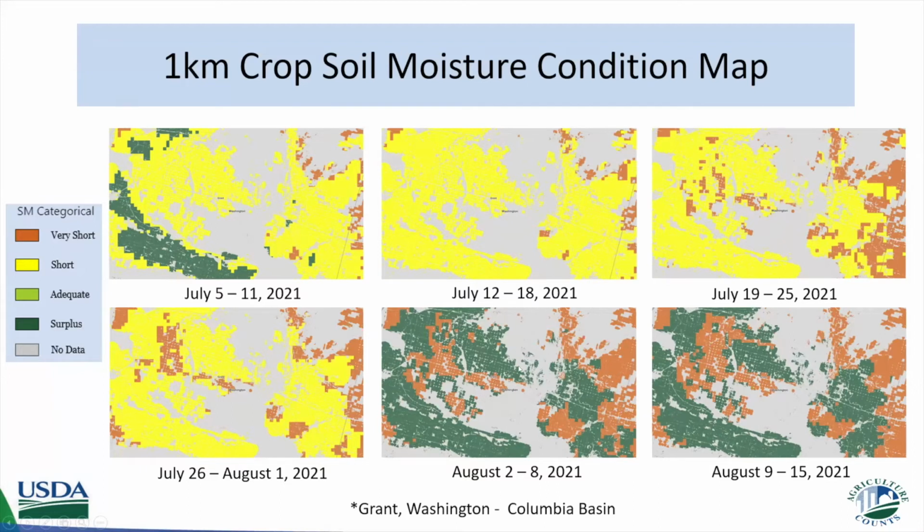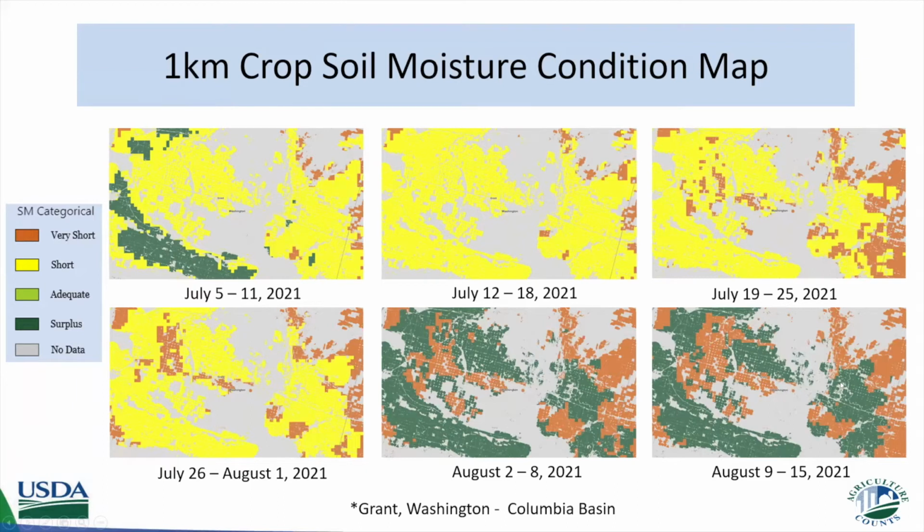Then in the August 1st week, we'll see many farmers did irrigation, or a rain event happened. And the next week is the same thing.